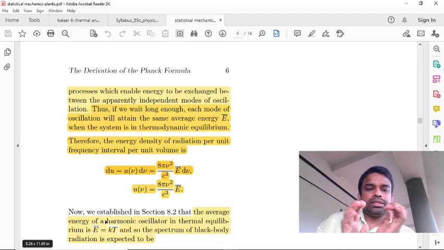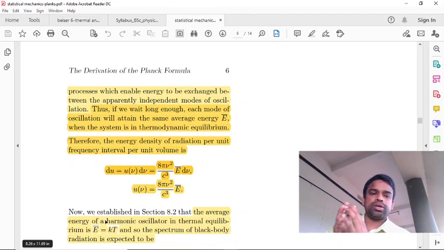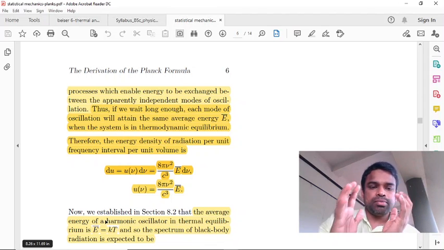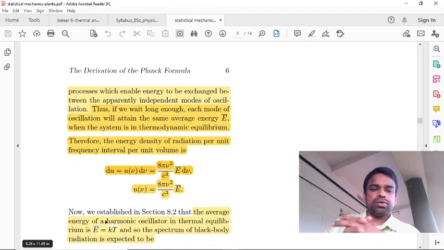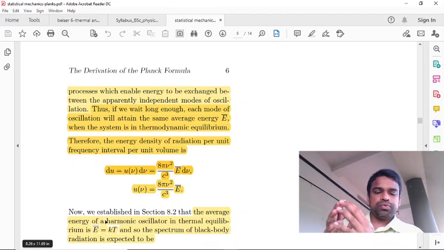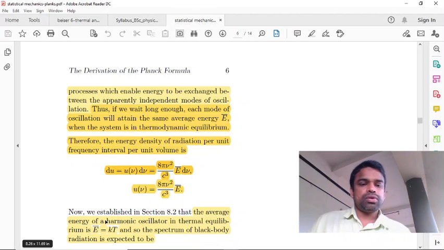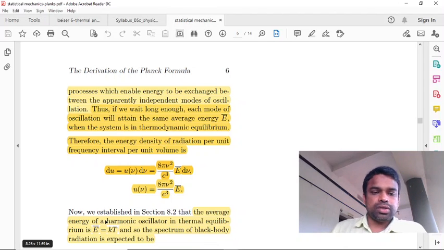Therefore, the energy density of radiation per unit frequency interval per unit volume is du equal to u of nu d nu, that is 8 pi nu square by c cube into E average d nu. Therefore, u of nu equal to 8 pi nu square by c cube E average.